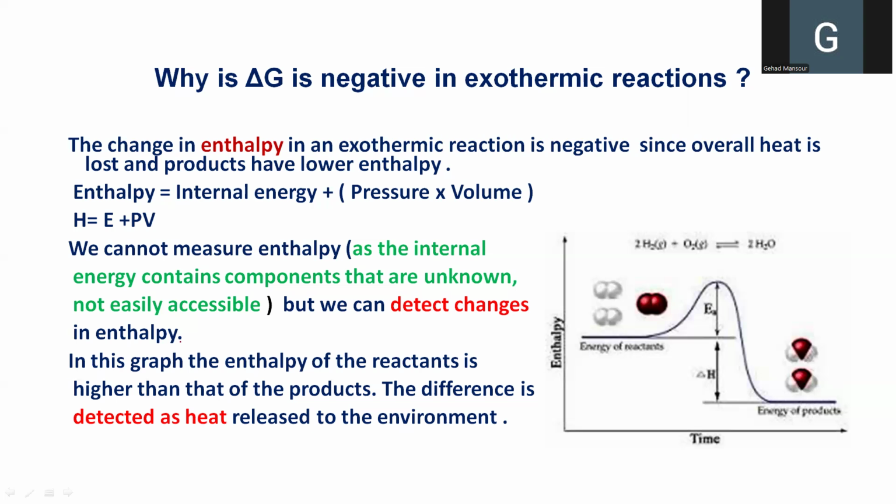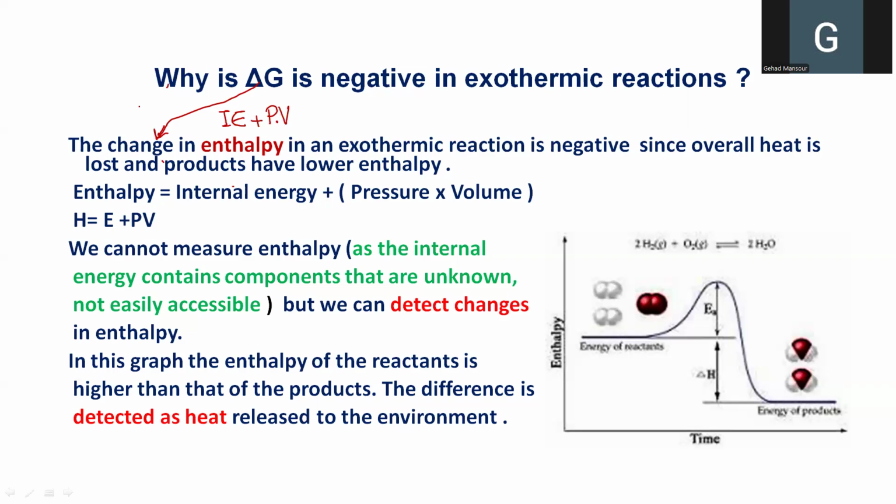First of all, let's remind you of the fact that delta G represents the change in enthalpy, and that enthalpy is nothing but the internal energy plus the value that is pressure multiplied by volume.